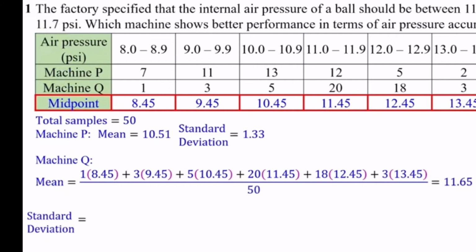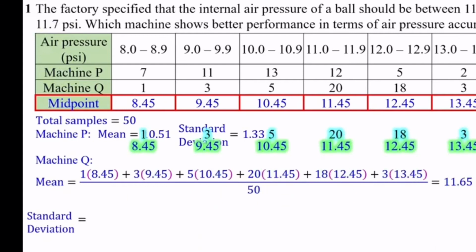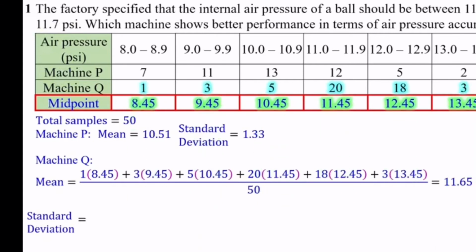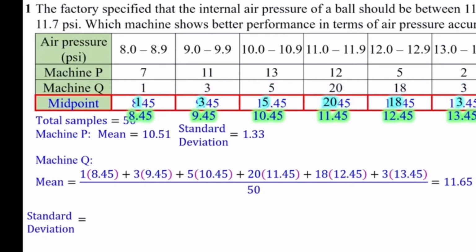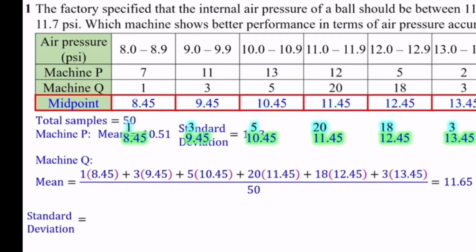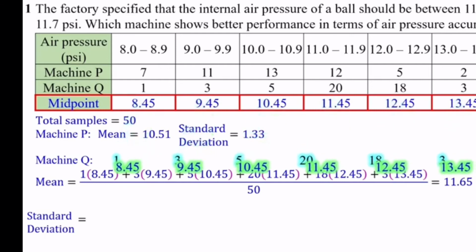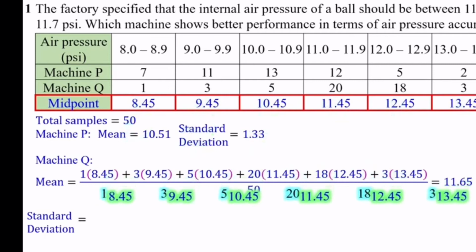Now let's work out the standard deviation for machine Q. So we will do the same as just now. We will take the frequency, which is in blue color, multiply by the midpoint square, only the midpoint square, one by one.